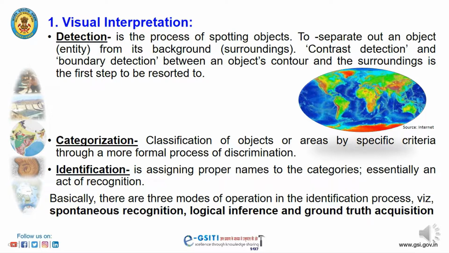We are trying to categorize that image based on that color difference. We'll differentiate particular image. Identification. It is assigning proper names to the categories, essentially an act of recognition. After categorization, based on the informations we are having, we will try to identify and give proper names.